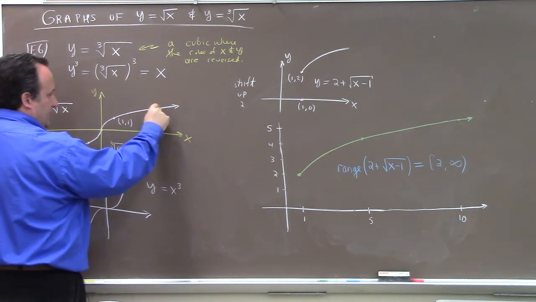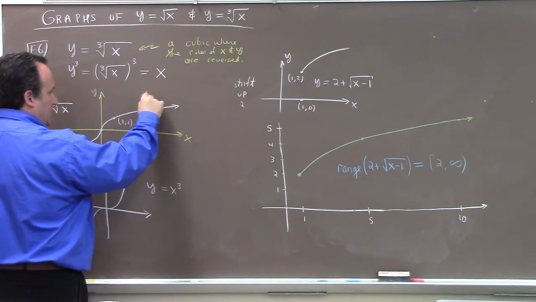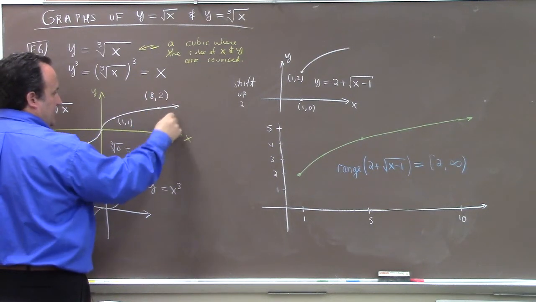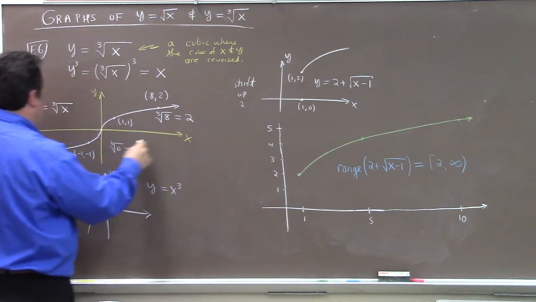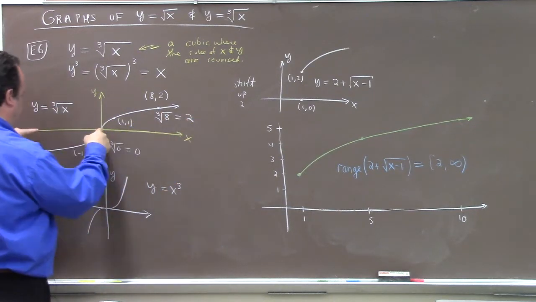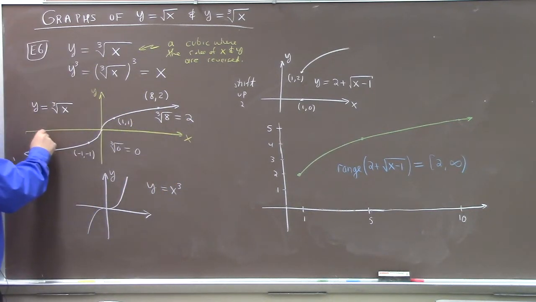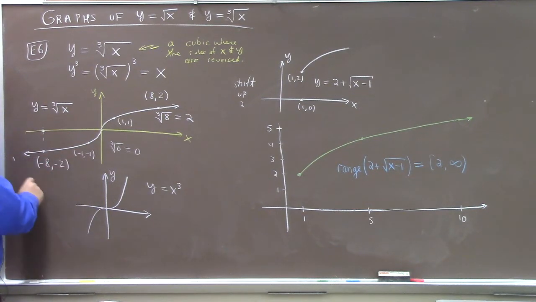And if you get out far enough here, you get over to 8 comma 2, because the cube root of 8 equals 2. And if you get far enough the other way, you got minus 8 comma minus 2, because the cube root of minus 8 is equal to minus 2.